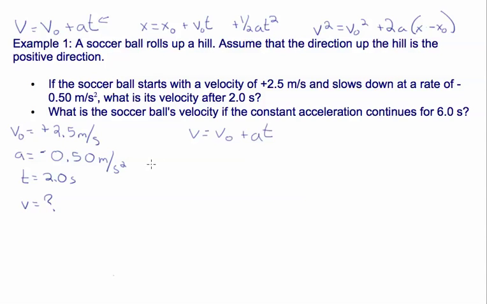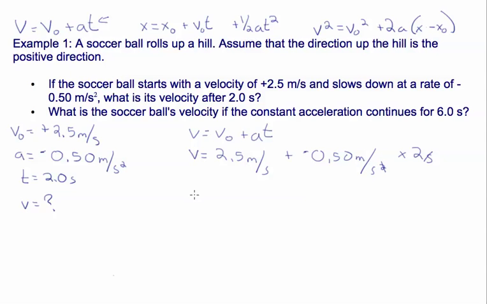So velocity equals 2.5 meters per second plus negative 0.50 meters per second squared times 2 seconds. Now you can see that this second cancels out that one, so we have meters per second plus meters per second.